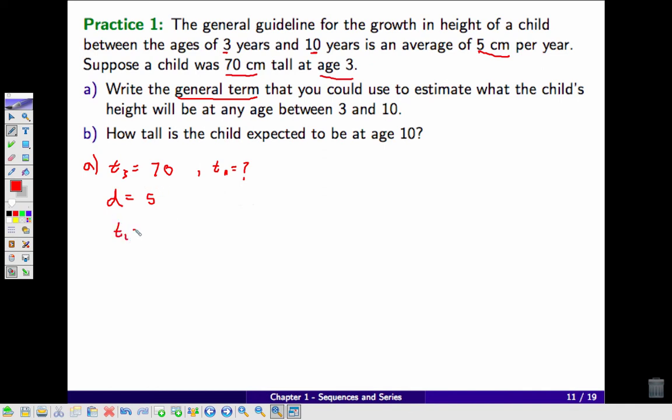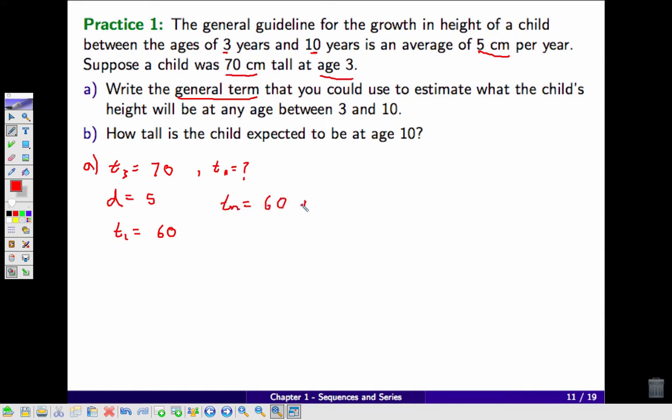Okay, so from there, you actually need T1. T1 we can deduce logically. If D is 5 and T3 is 70, T1 will be 2 times D behind that, so that will actually come out to be 60. T2 would be 65 and T1 is 60.